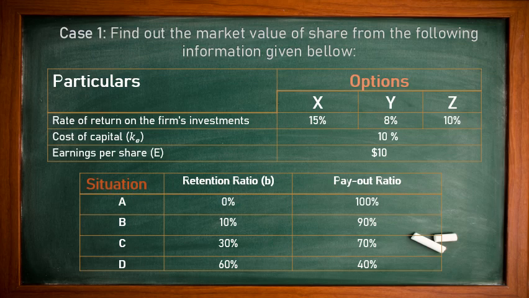Situation B, 10%. It means companies are retaining only 10%, and 90% they are paying back as dividend. Situation C, 30% they are retaining and 70% they are paying back as dividend. Situation D, 60% retaining and 40% they are paying back as dividend.